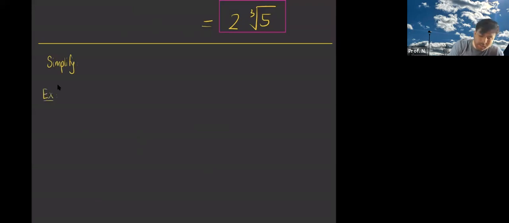If I want to break down, for example, the square root of x to the fourth times y cubed times z to the fifth, so this is an example. When I take the square root of this product, I can also write this as the square root of x to the fourth times the square root of y cubed times the square root of z to the fifth, correct? I can do this.